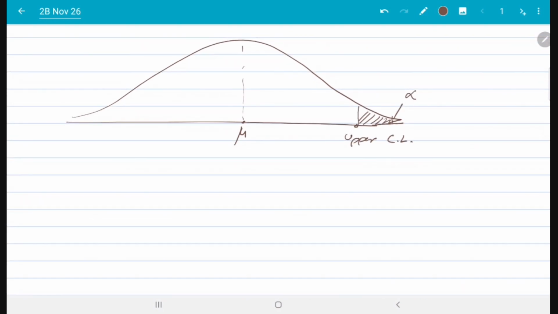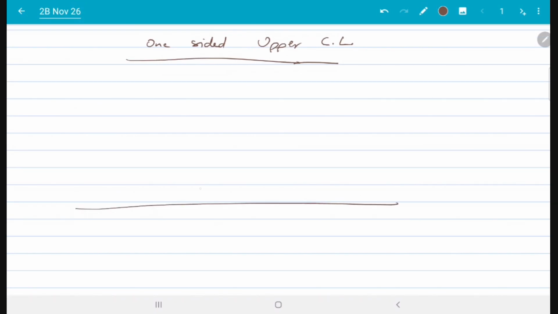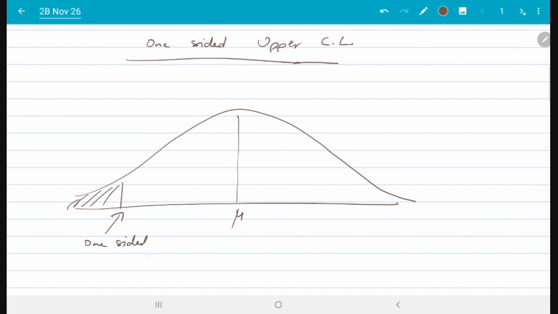In one-sided, we don't really have an interval, we just have one confidence limit. One-sided upper confidence limit, and similarly you can have a one-sided lower confidence limit. This area must be alpha.